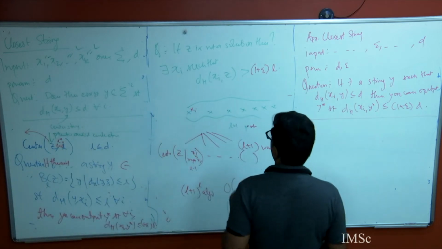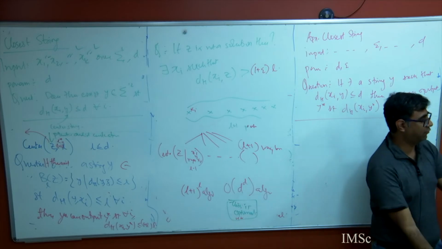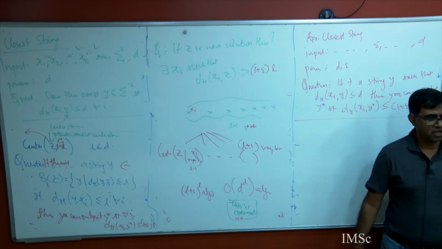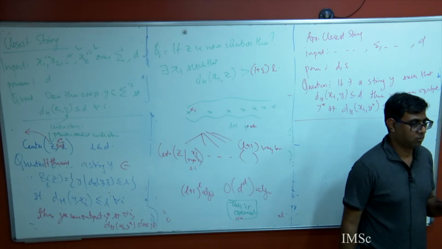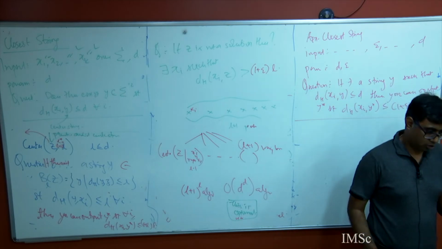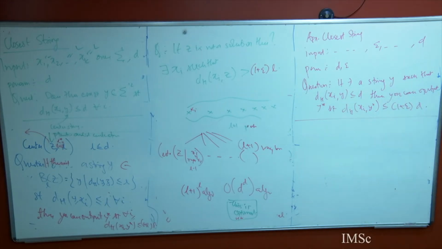Okay. But now look at what beautiful things happens. So why Z is not a candidate solution? Because if Z itself was a candidate solution, I would be happy, because there is some string which is 1 plus epsilon L. But what we know, that in the ball of Z there is some string which differs at most at L places. So this Z guy should match with him at how many places? There is that real center string which exists, right?